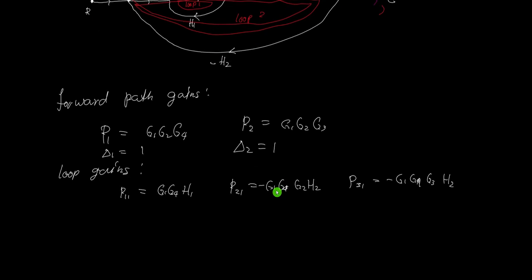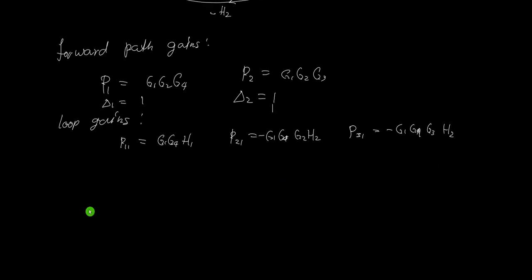Okay, so now we have our formula for C over R. C over R is equal to P1 delta 1 plus the summation P2, because we have two paths here. So P1 delta 1, P2 delta 2, all over delta. We already know P1 and delta 1, P2 and delta 2. The delta 1 is 1, delta 2 is 1. P1 is equal to this and this.